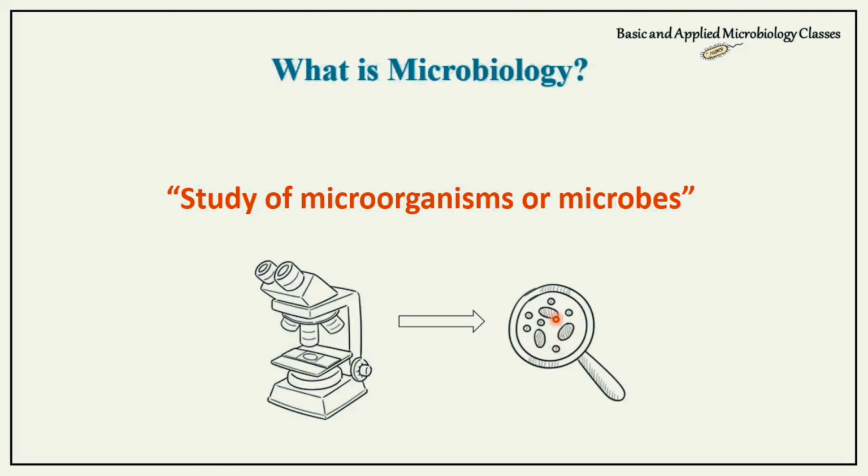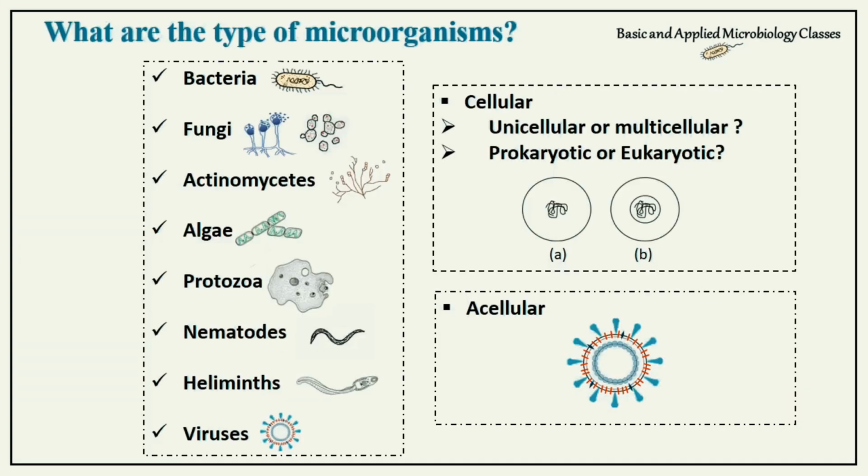So next, coming towards what these microbes are. You should know that here I have listed different microbial groups which are included in the study of microbiology. Whenever somebody asks what the types of microorganisms are, most of the time students answer like this: bacteria, fungi, viruses.